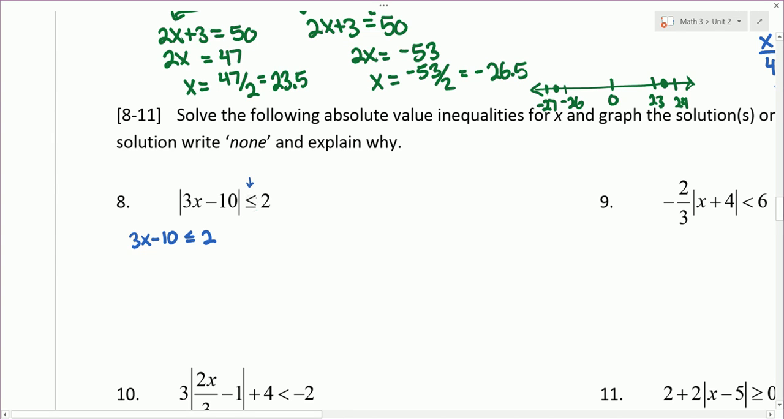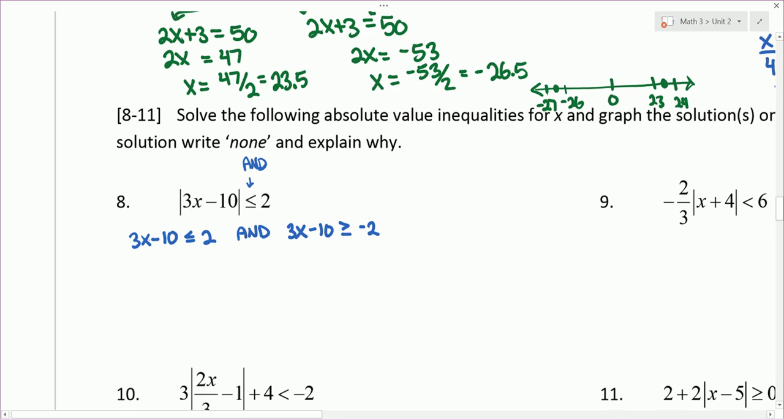If you have a less than sign, doesn't matter if you have an equal or not, it's what we refer to as an and problem. So I'm going to put the word and in between my two equations. The second inequality is going to be 3x minus 10, switch your sign, greater than or equal to negative 2. So you turn the sign around and you change the sign of that last number.